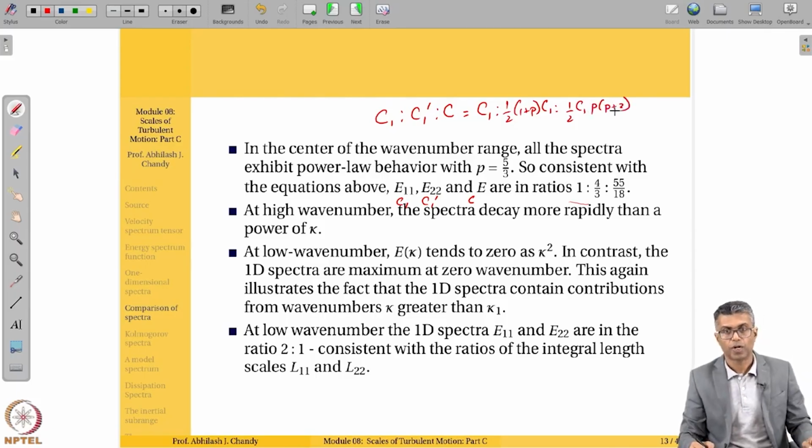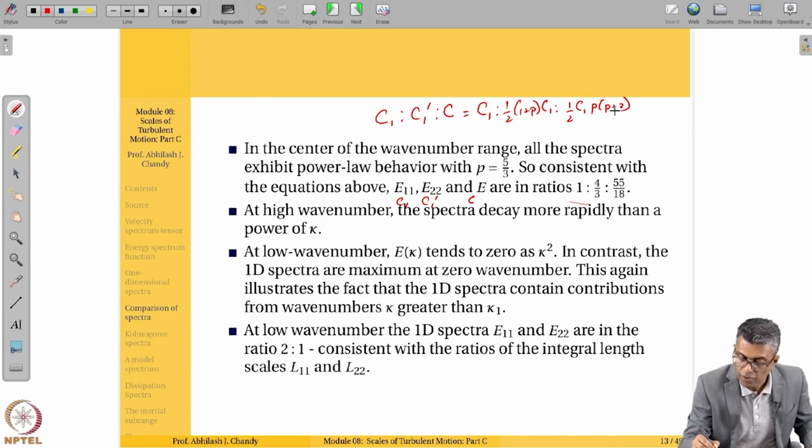Isn't it? So if P is 5/3, then this is 4/3 C1.